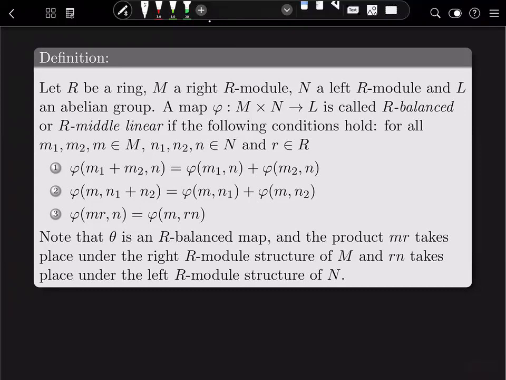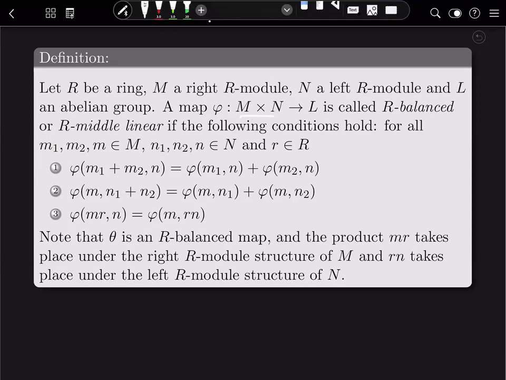So a map phi from M cross N, now here we're not looking at the direct product, we're just looking at the Cartesian product. So this has no module structure or even group structure. It's just the product of M and N. A map phi is called R balanced, or R middle linear, if the following three conditions hold. For all m1, m2, and m in M, n1, n2, and n in N, and r in R, we have these three conditions.